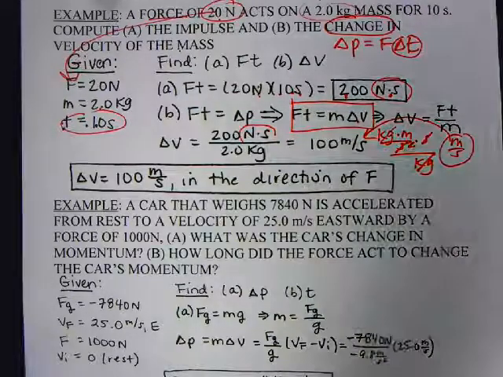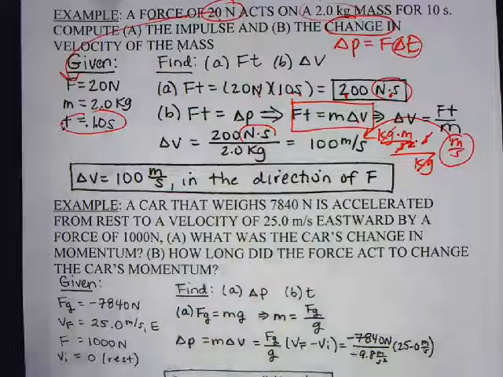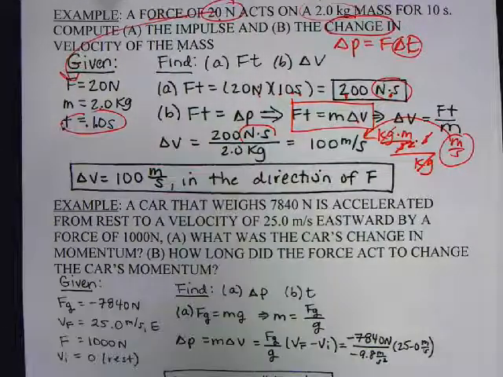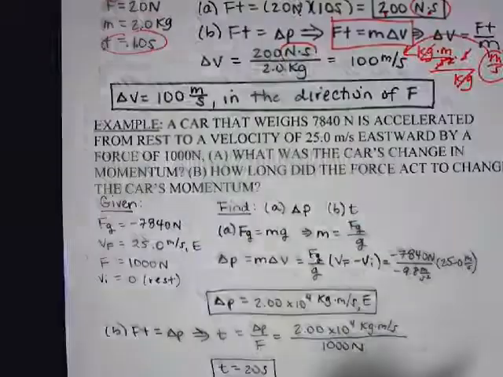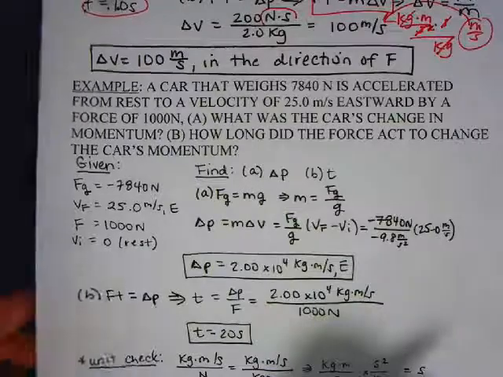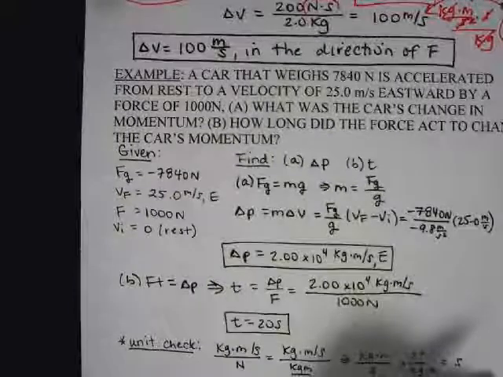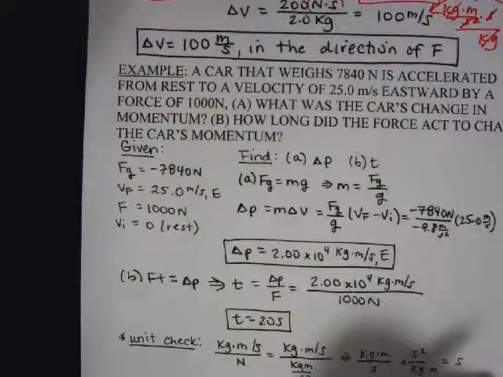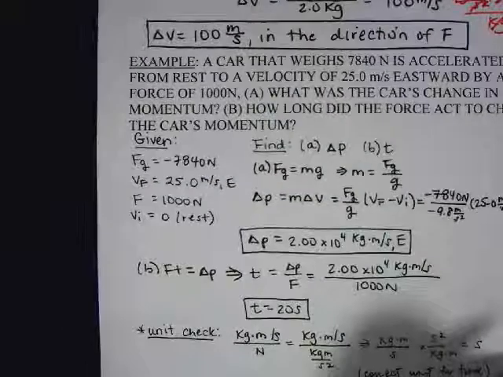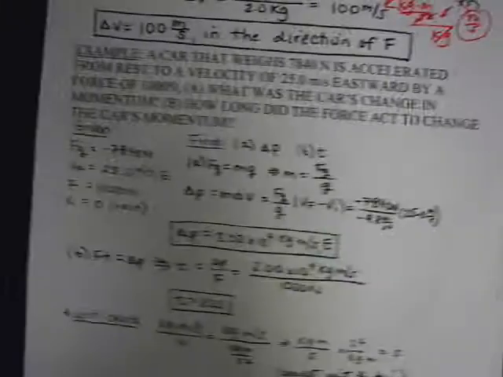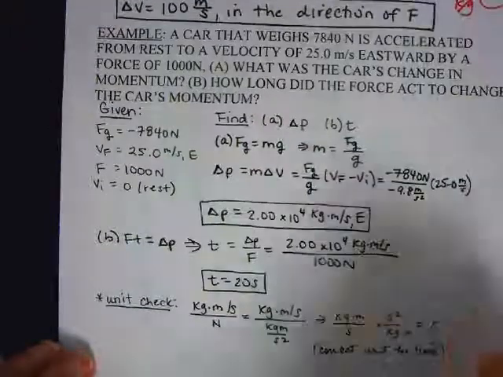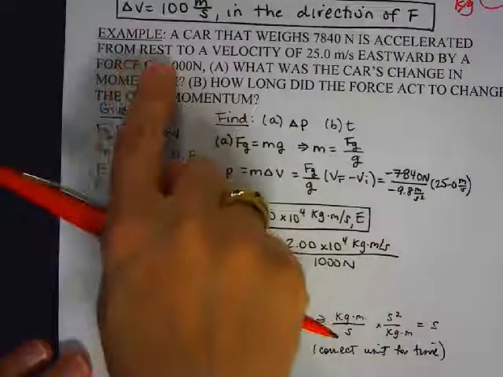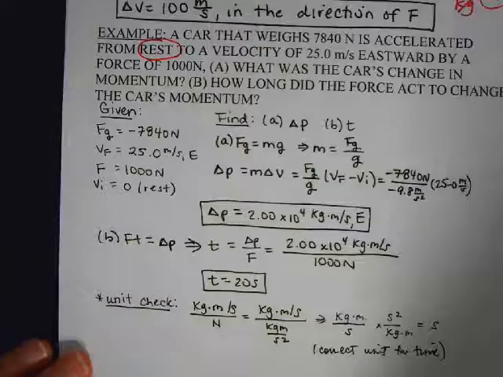Okay? And that's why we like to carry our units through, because it's a foolproof way to check our work, check our algebra and stuff like that. All right, the second example says a car that weighs 7,840 newtons, so that's the weight, is accelerated from rest, so that means the initial velocity is 0.